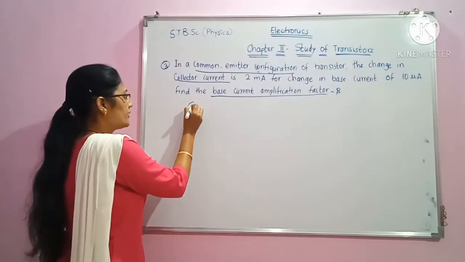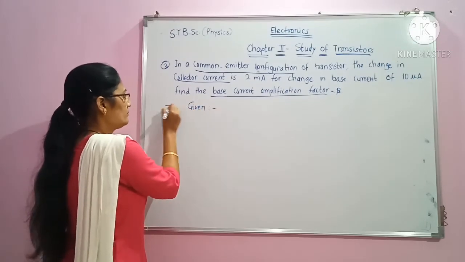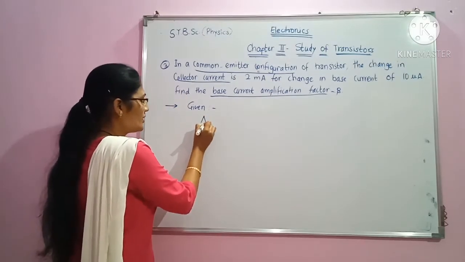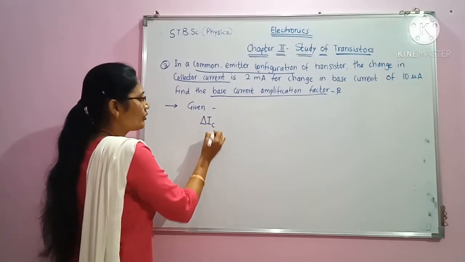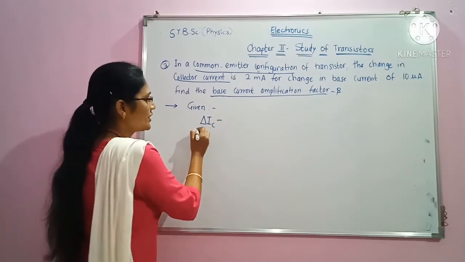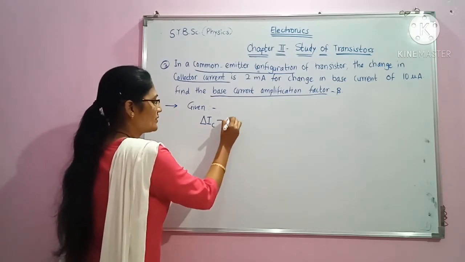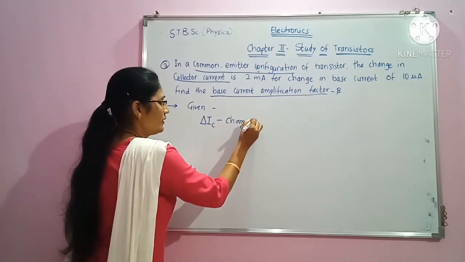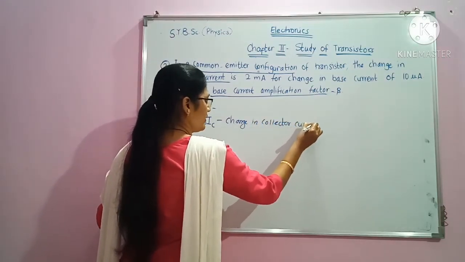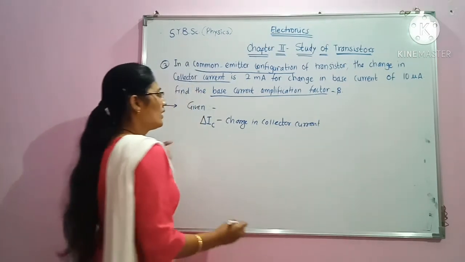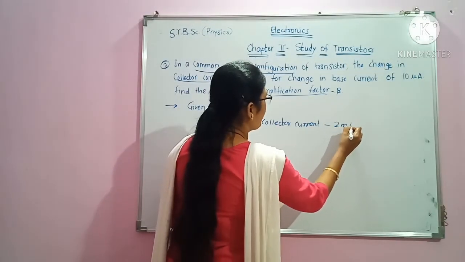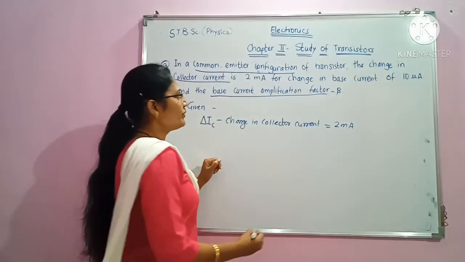So let's write the given first. Change in collector current, which we denote by delta IC, is given as 2 milliampere.